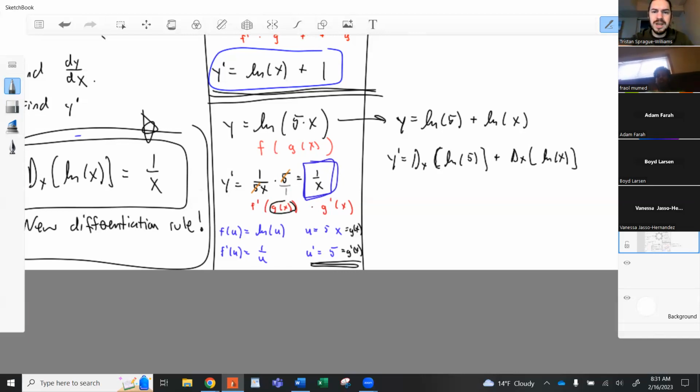So if I'm differentiating these two terms, I first differentiate the natural log of 5, and then we differentiate the natural log of x. So now, what is this one? What's the derivative of the natural log of 5? 0. Yes, it's 0.